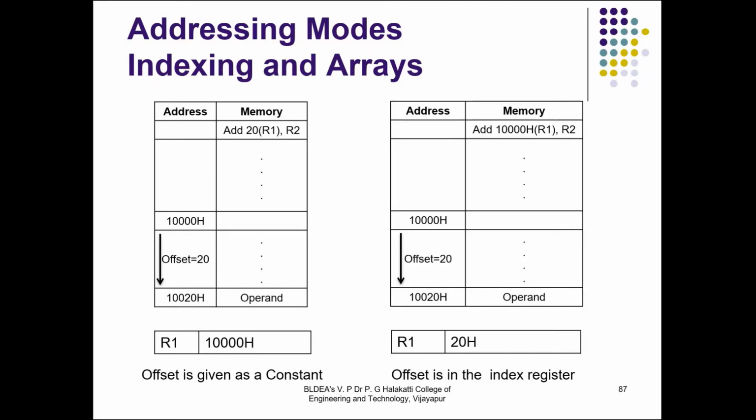The effective address will be equal to X plus the content of R1, which is nothing but 10,000h plus 20h, which is going to give you 10,020. So here it will be 10,000 plus the 20 offset, giving 10,020, and this is the location where the operand is present. This operand is fetched, added to R2, and the answer is stored in R2.